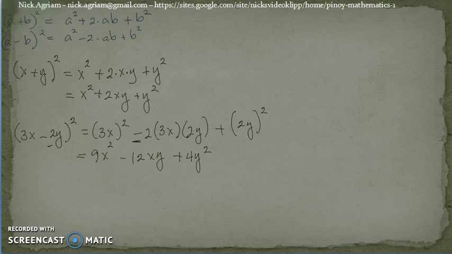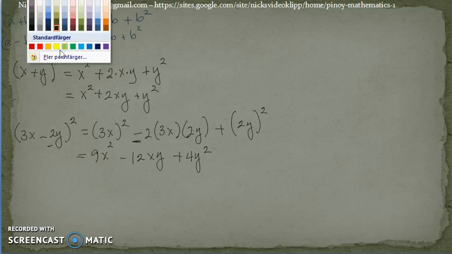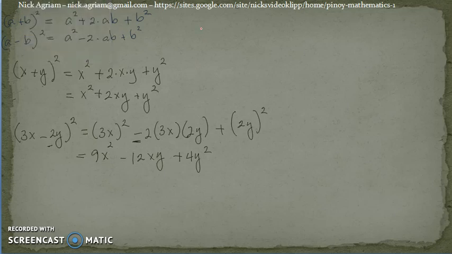Let's take some more examples. For example, you are asked by your teacher to multiply 99 by 99 using other methods than what you have learned before. Then you can use 100 minus 1 squared.